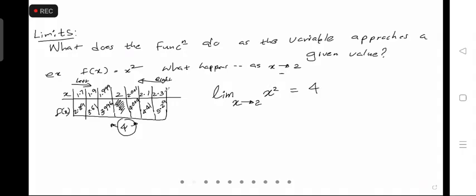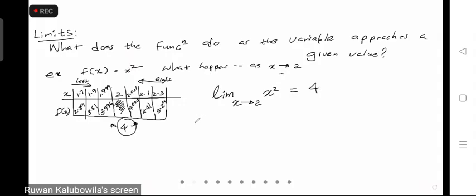So this is an example. You can see that the limit of x squared when x approaches 2 has the answer 4.